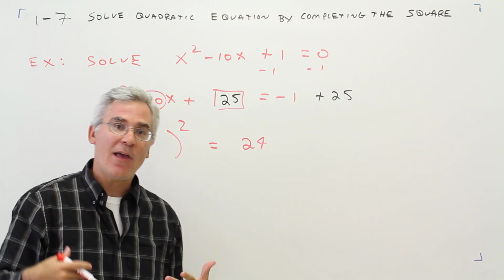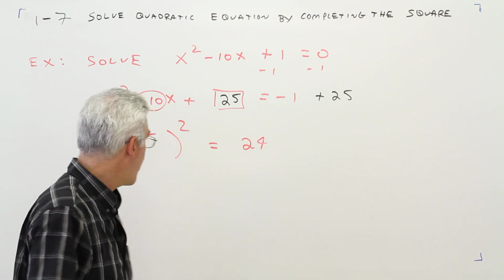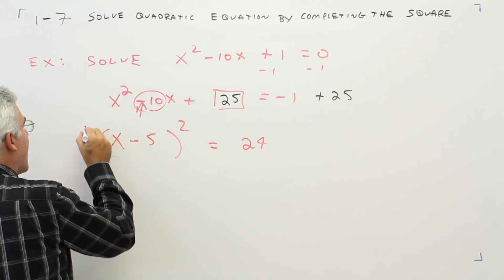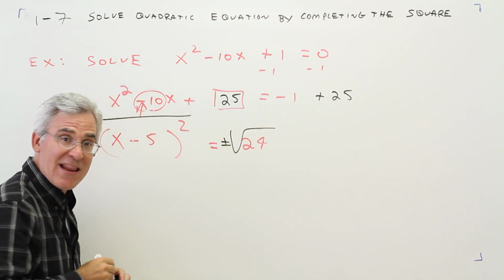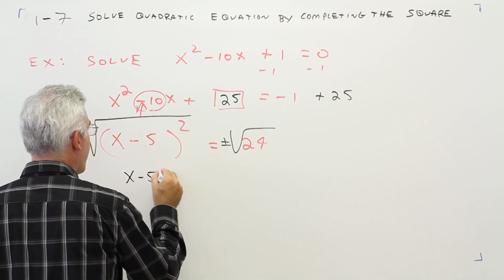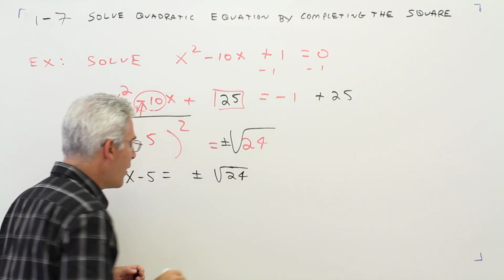So now I'm back to that previous lesson, solve quadratic equations by taking square roots. I've got the squared term isolated, so I will take the square root of this side and plus or minus the square root of that side, and I'll get x minus 5 equals plus or minus the square root of 24.